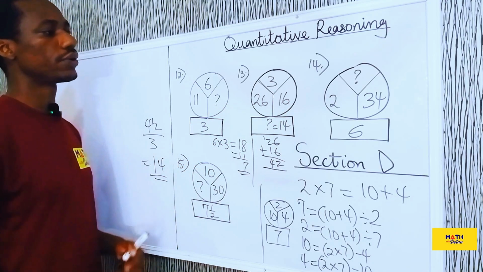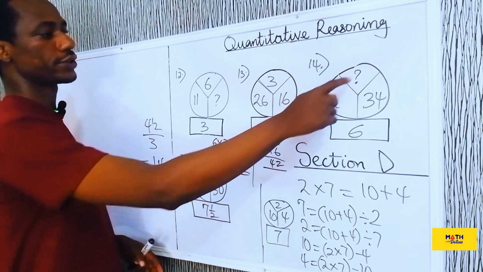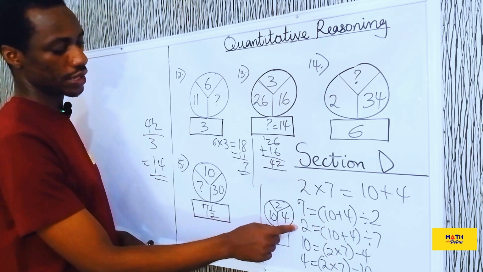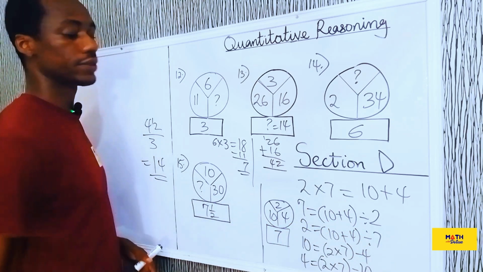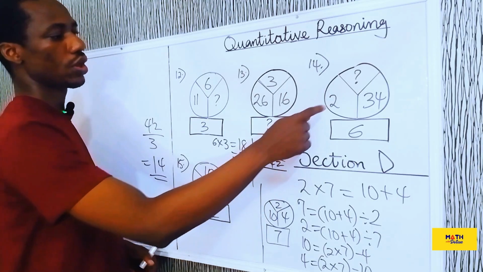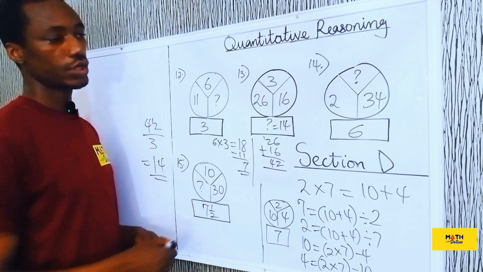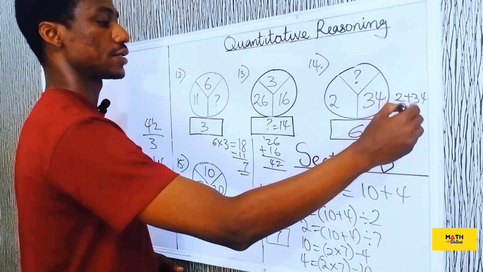Checked. Balance. And in number 14, this part is missing. In our analysis, that's 2. So how did we get the 2? We did the complete addition, and then we divided by 7. So 2 plus 34 is 36.